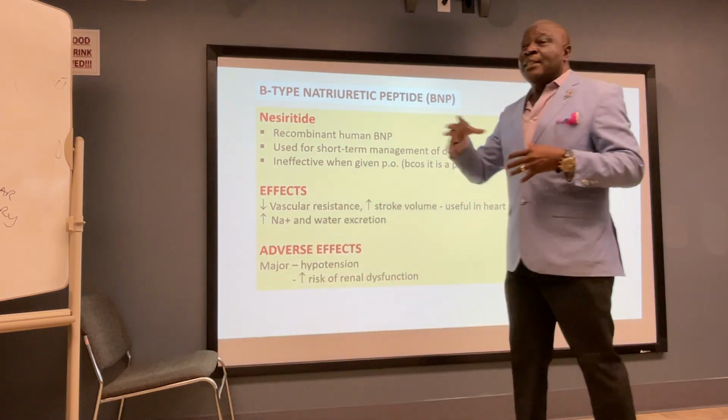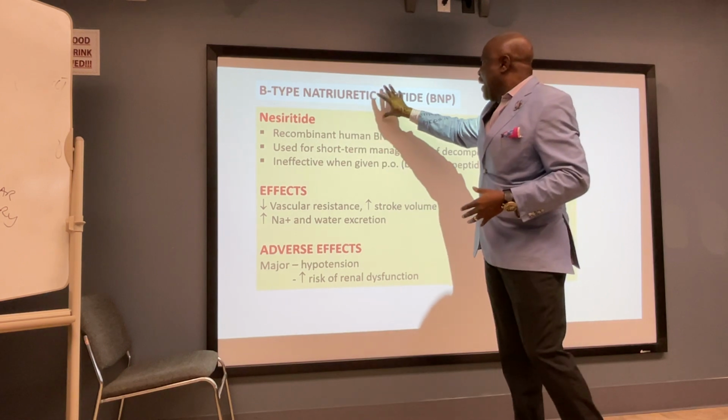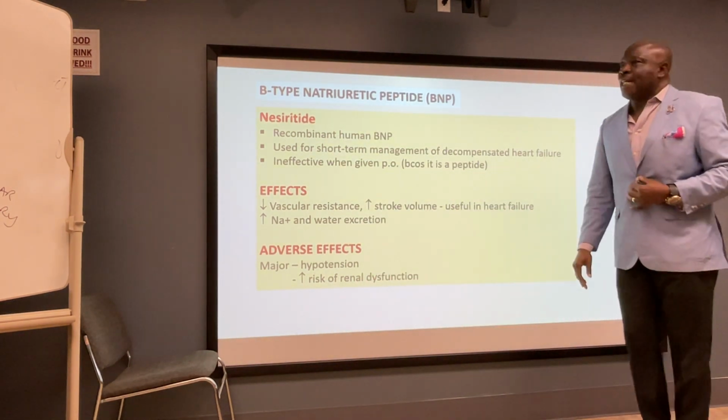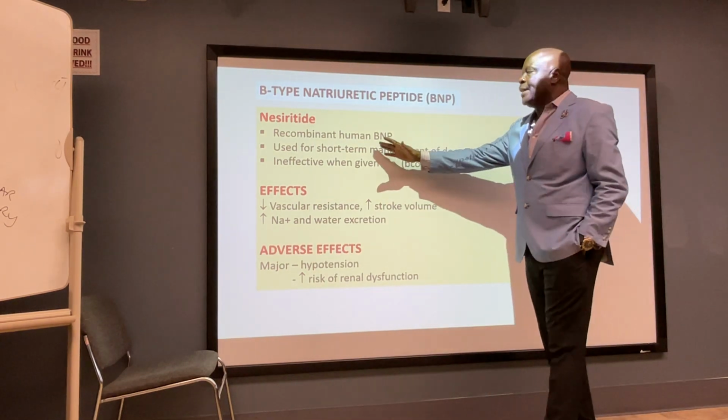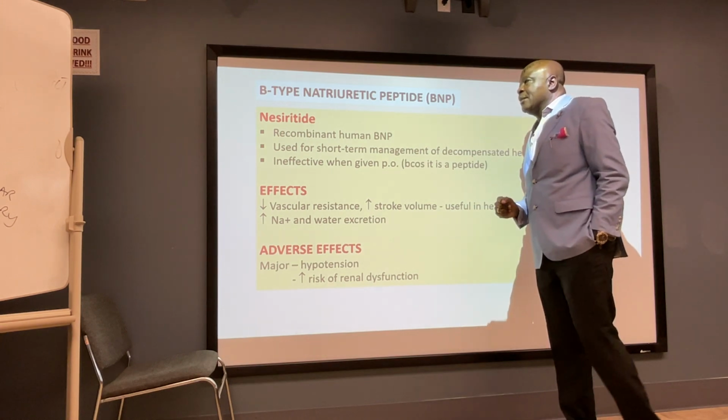So for the B-type natriuretic peptide, the agent that acts on this receptor is called nesiritide. And what's nesiritide? It's nothing but a recombinant human B-type natriuretic peptide.